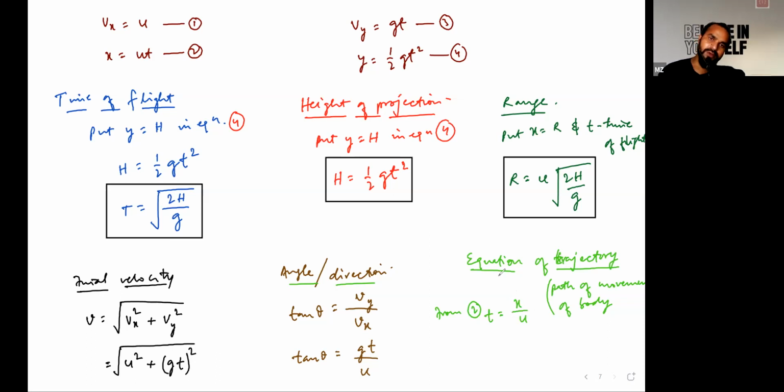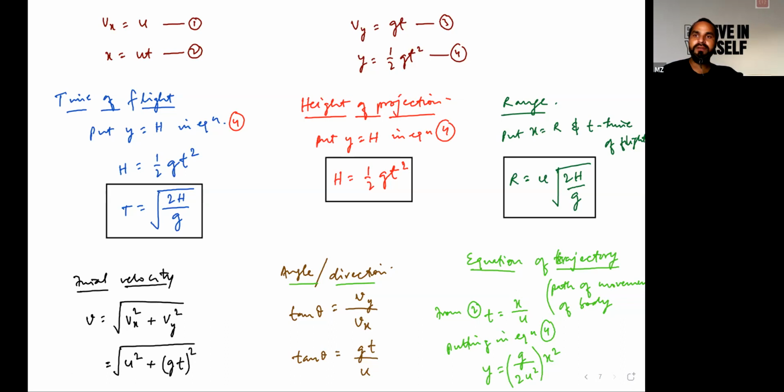If I put this value of t in equation 4, it will give you y is equal to g by 2 u square times x square. This will be whole as constant. So y is proportional to x square.